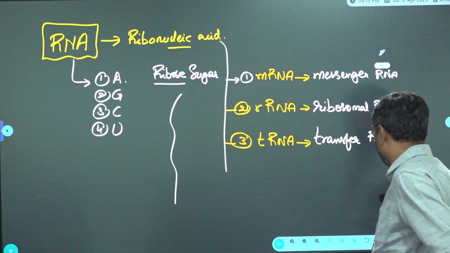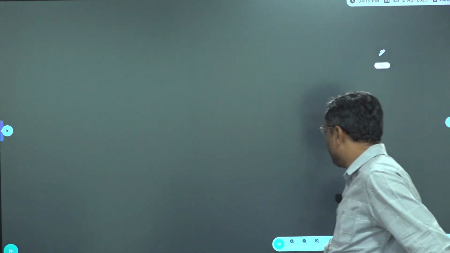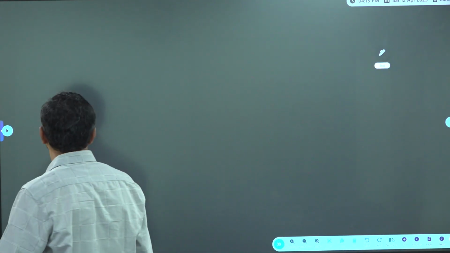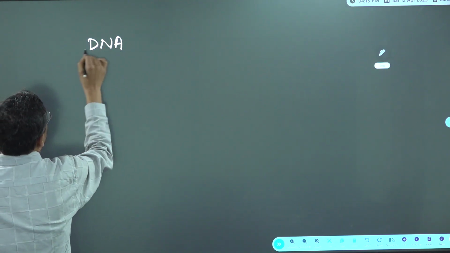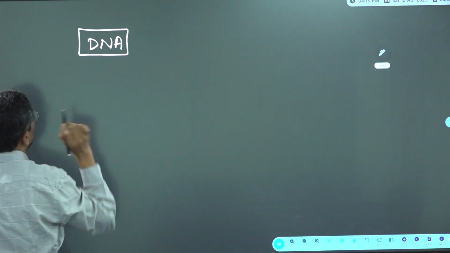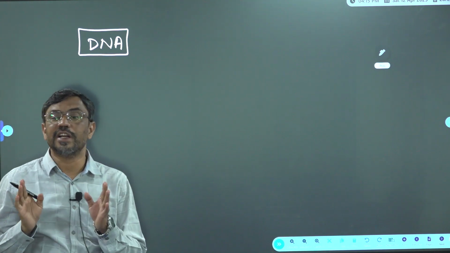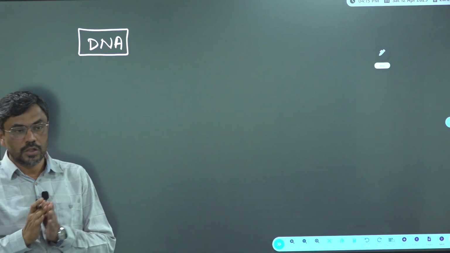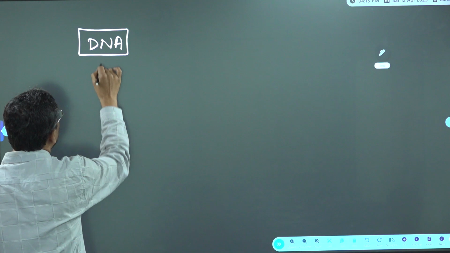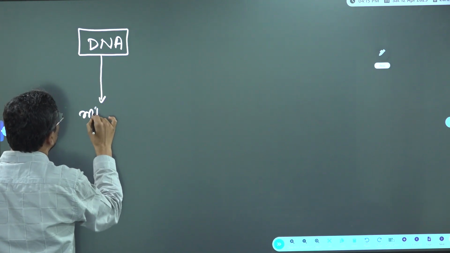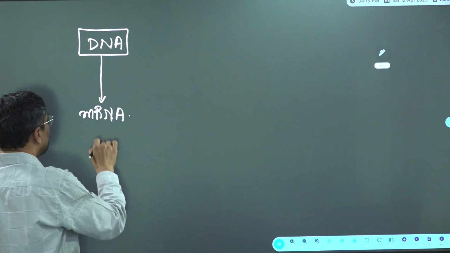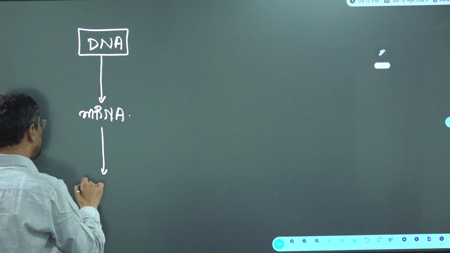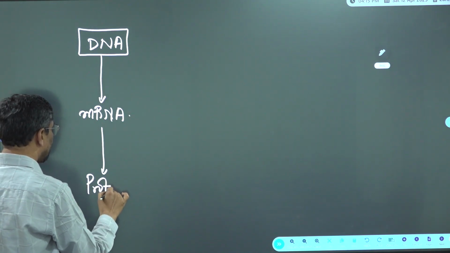Then mRNA, messenger RNA. Say this is DNA. In this DNA, the genetic information is stored. This genetic information is carried to mRNA, and from mRNA this information is passed on to the proteins.